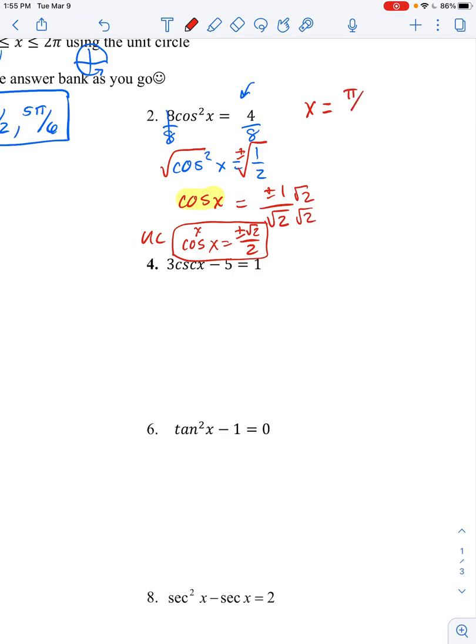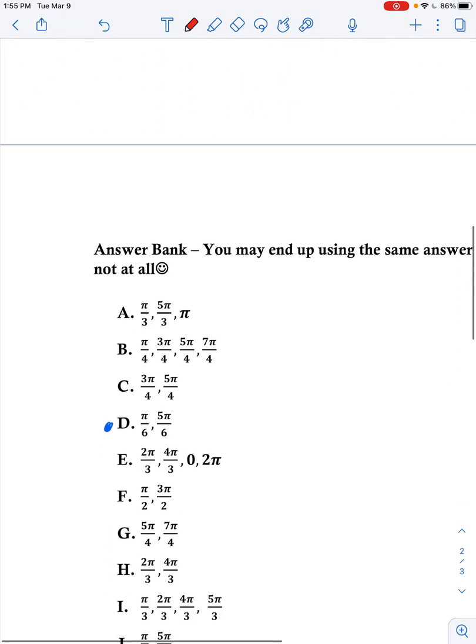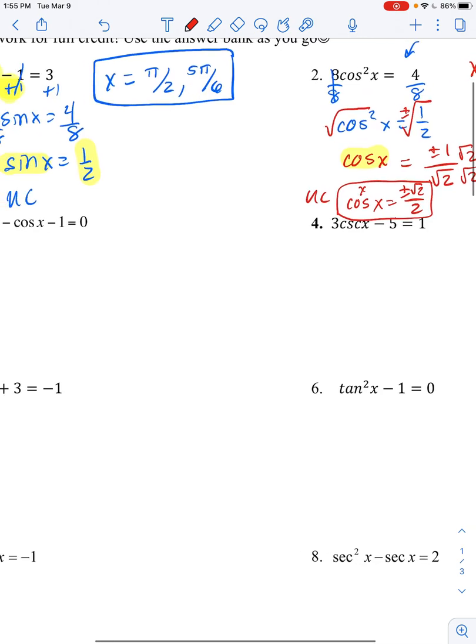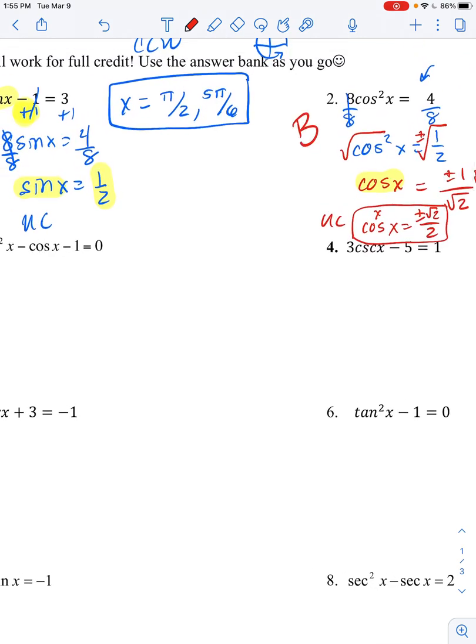And so as I travel around the unit circle, these are the places that have an x coordinate of either positive or negative root 2 over 2. And I guess it doesn't matter since I know my answer's right, but I'll look and check and say, yep, that's correct. This is B.